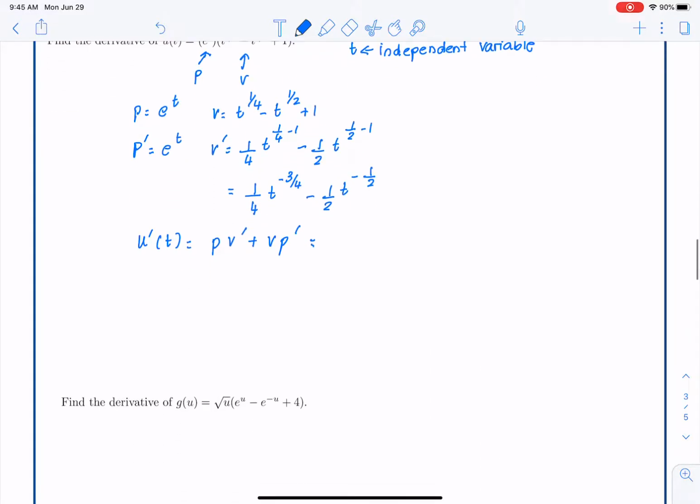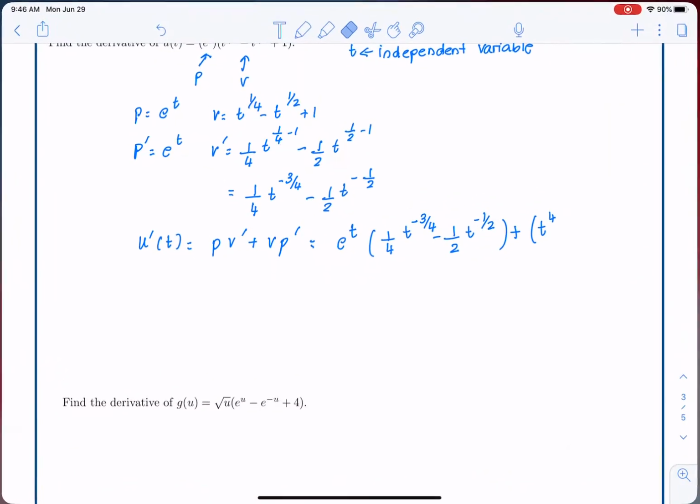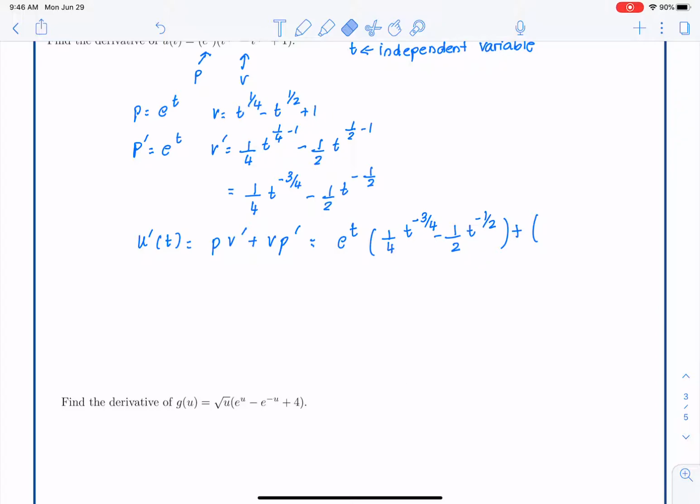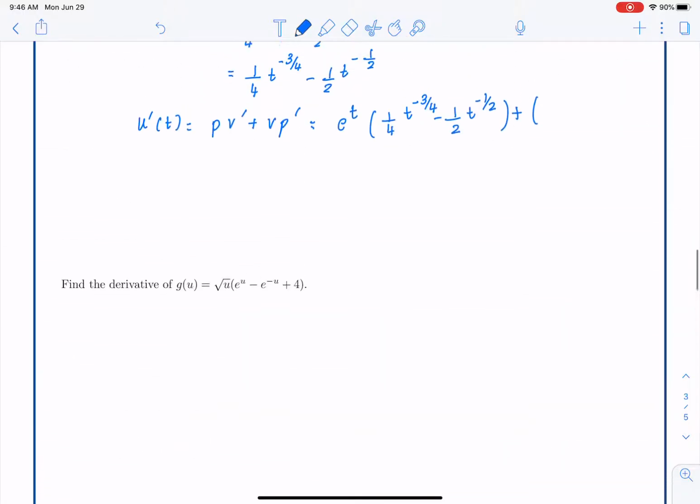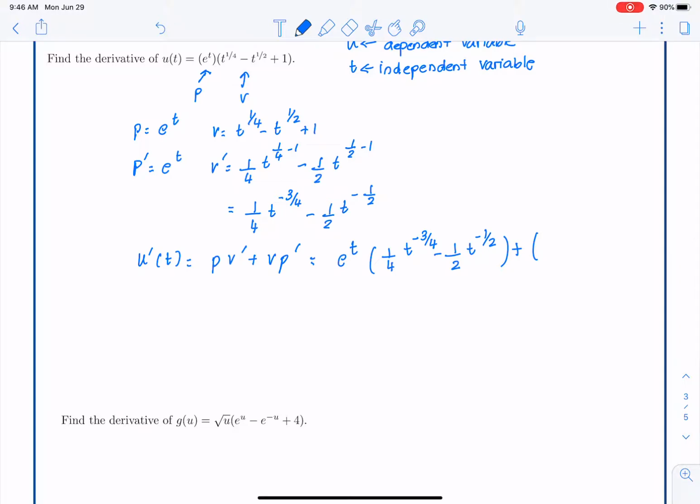So p is e raised to t. v prime is 1 over 4 t raised to negative 3 over 4 minus 1 over 2 t raised to negative 1 over 2. v is t raised to 1 over 4 minus t raised to 1 over 2 plus 1, and p prime is e raised to t.